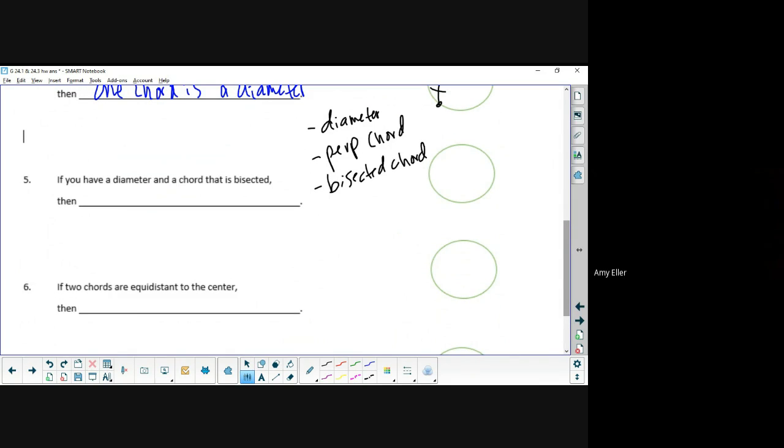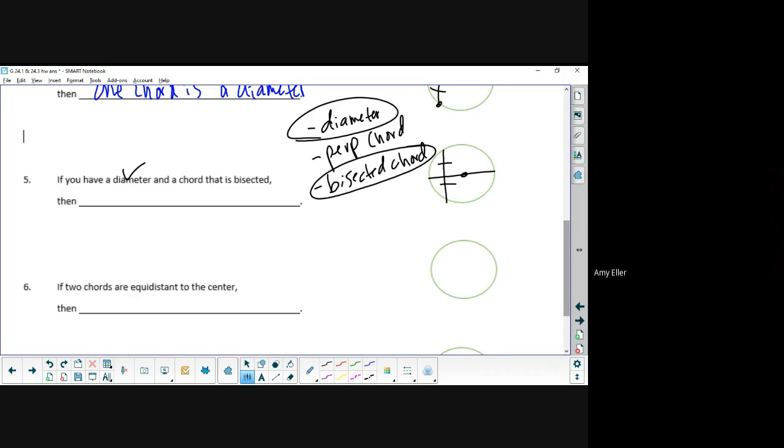Yeah. So you'll have a blank circle. And you'll either have the if words or the then. All right, number 5. If you have a diameter, chord that goes through the center, and a chord that is bisected. So you need a chord that's cut into 2. Oh, I will be looking on a quiz for that.